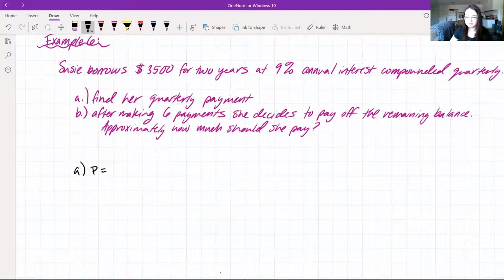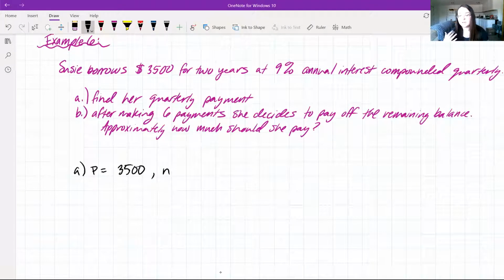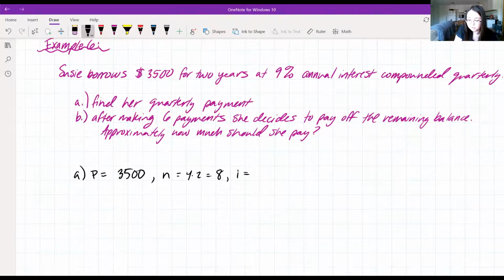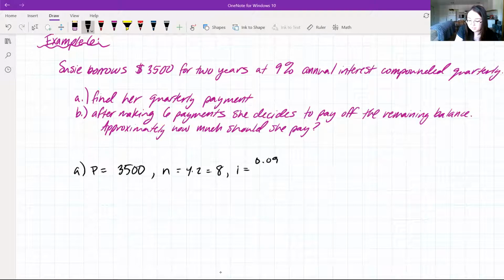All right. So it's $3,500 for 2 years. So our p-value is going to be 3,500. We're paying quarterly for 2 years, so 4 times 2. So n is going to be 8. And our interest rate is 9% divided by 4.